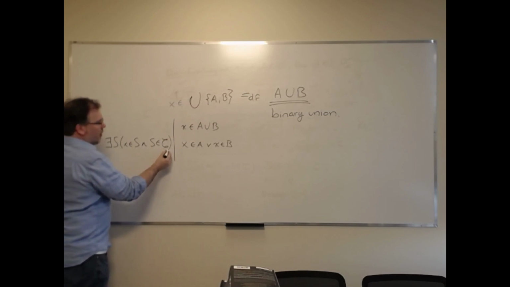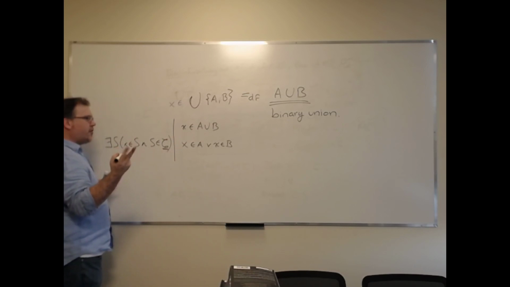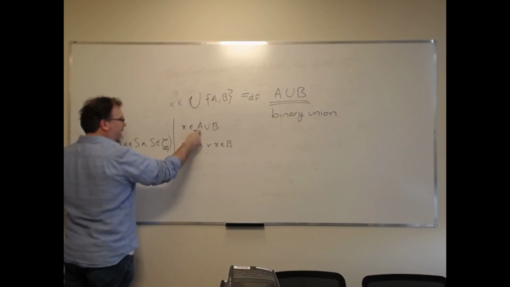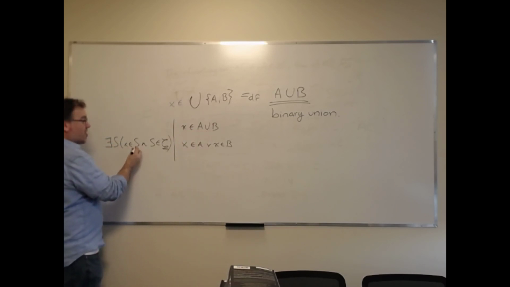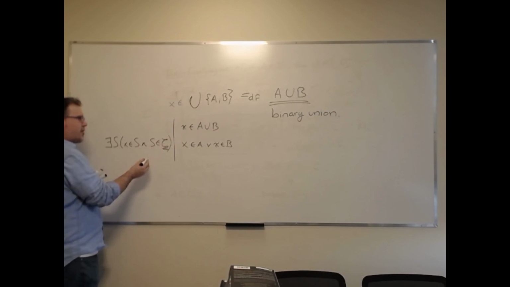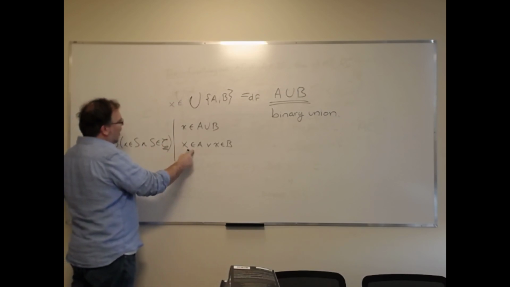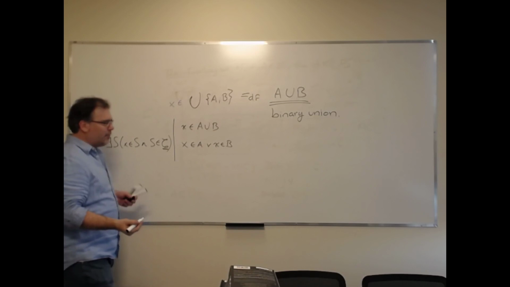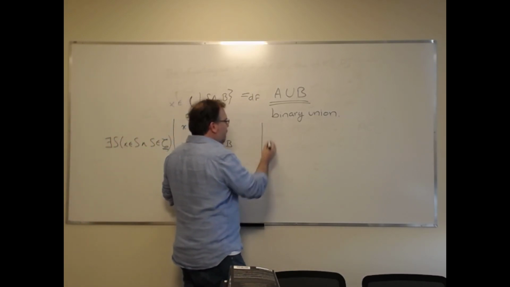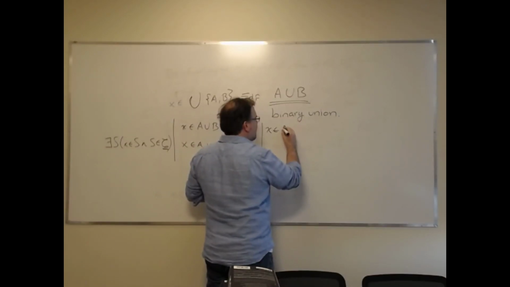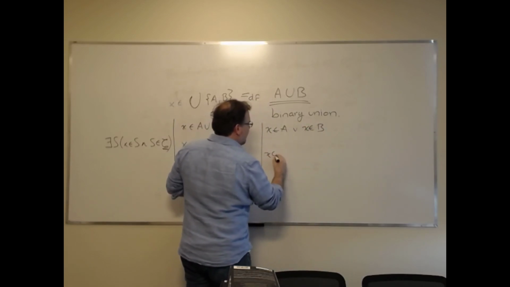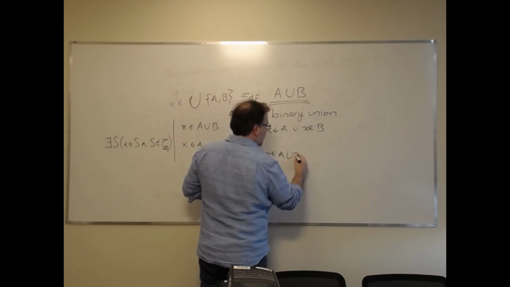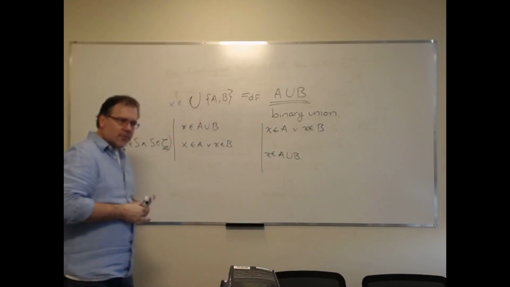But now the collection contains only two sets, namely A and B. So for X to be in some set which is in the collection, that means X has to be either in A or in B. And we can flip things around. If X is in A or X is in B, it follows that X is in A union B. Okay?